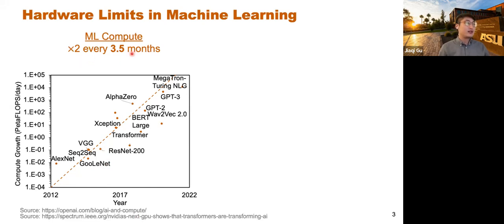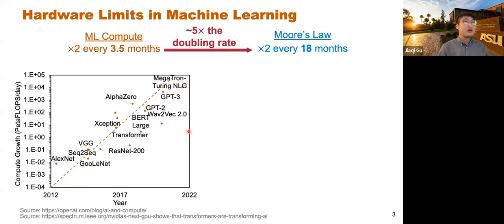And these numbers are for previous small scale CNNs; for large language models, this number gets even higher. Compared to Moore's law, right, the transistor density doubles only every 18 months. So their doubling rate has a 5 times difference. So you can see those two exponential curves have a larger and larger gap as time goes.